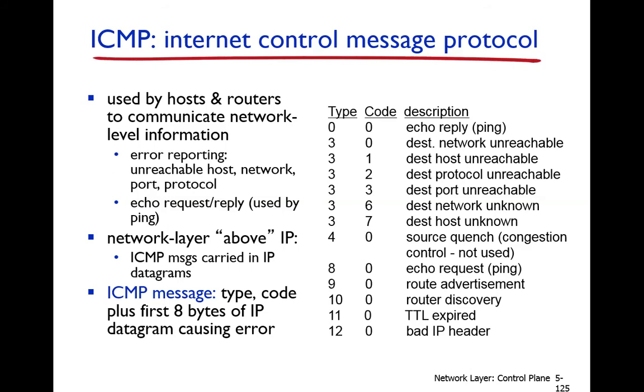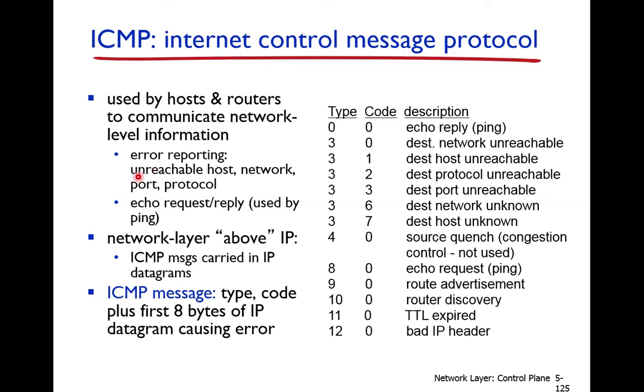So basically ICMP is called Internet Control Message Protocol. This protocol is basically used by hosts and routers to communicate network level information. For example, it is used for error reporting. And what could be the errors?